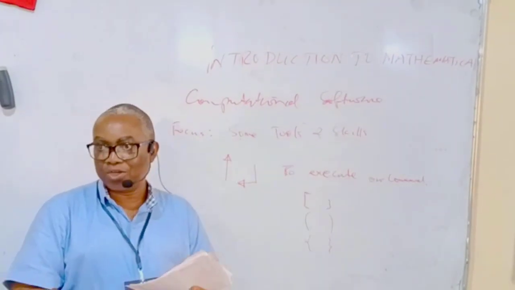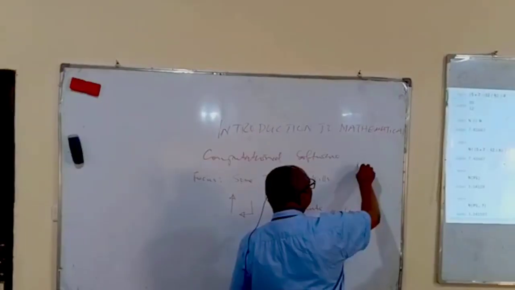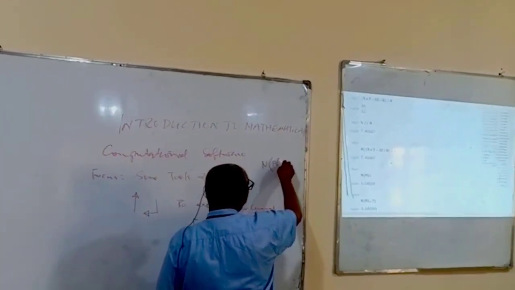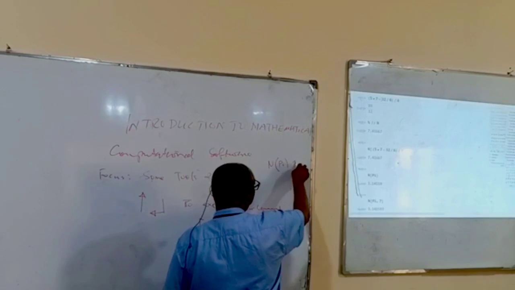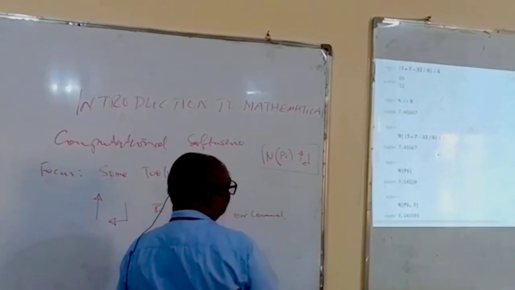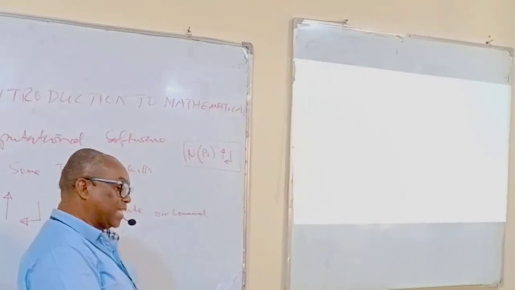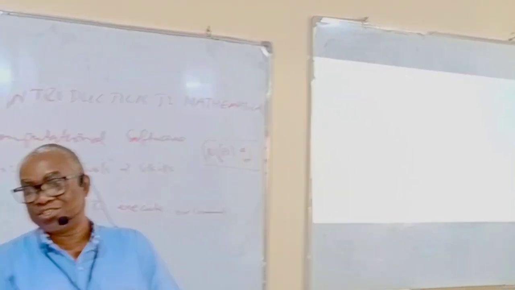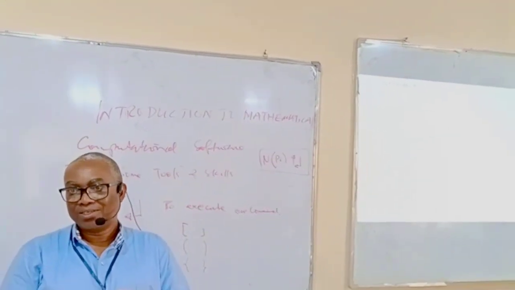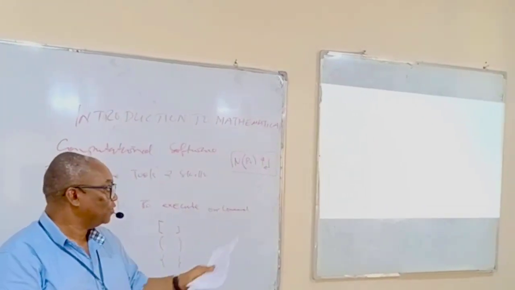You don't just use, like if I put n pi, for example, and say shift enter, it doesn't recognize it because we use the square bracket as an enclosure of arguments. We use it as enclosure of arguments. So we'll come to that before we continue.